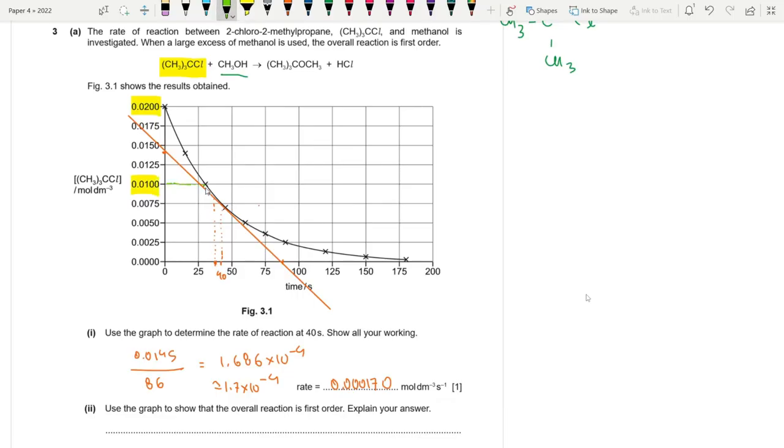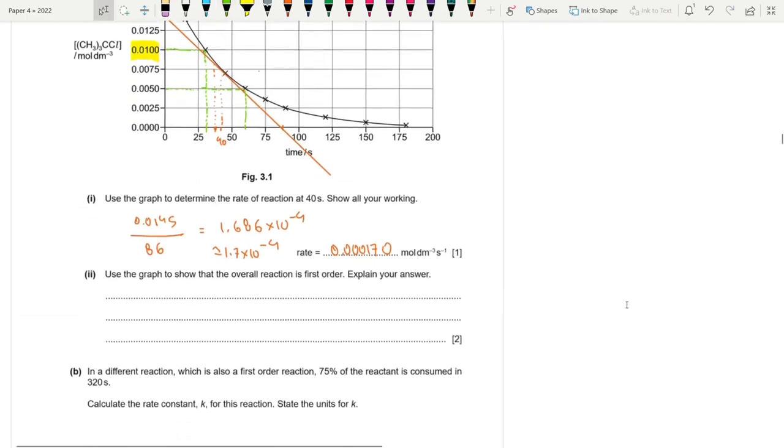Let's check the time. Approximately 30 seconds. Half of this is 0.005, so approximately 60, right? So 30 and 60, so the gap is 30 seconds.